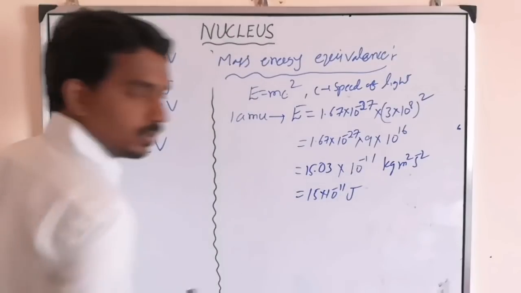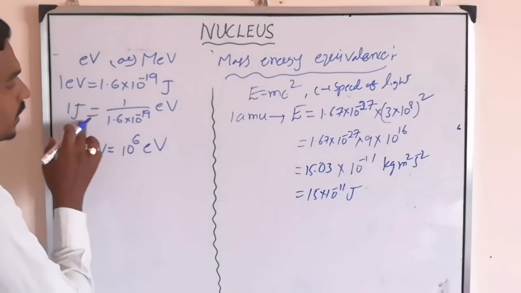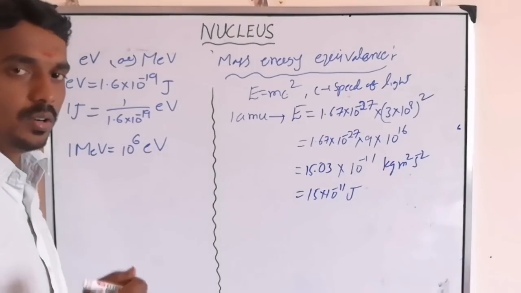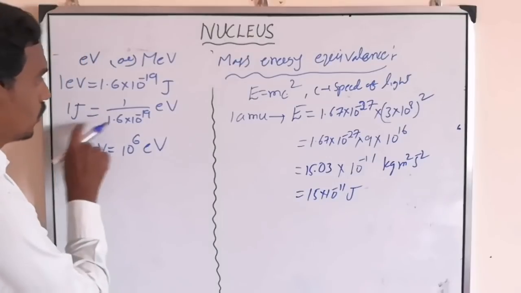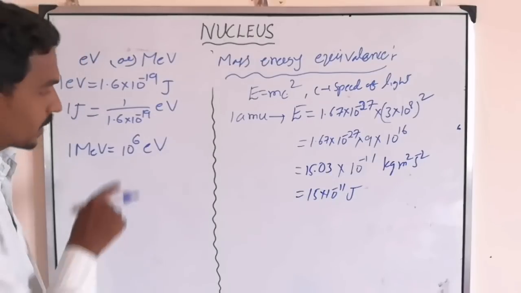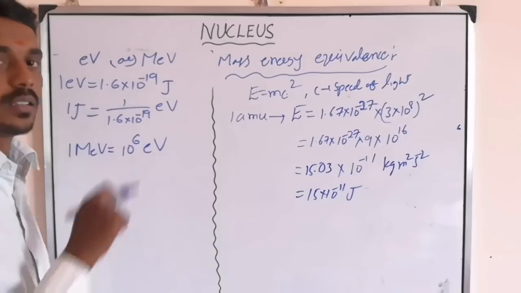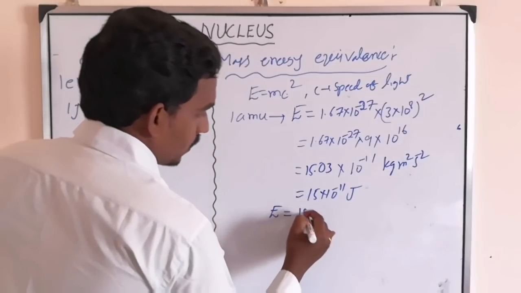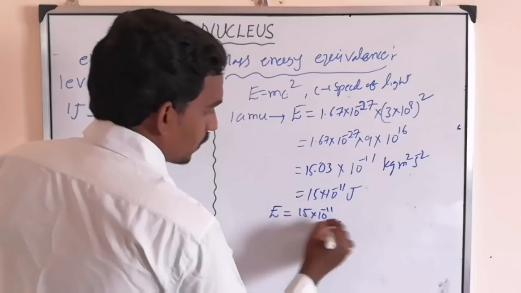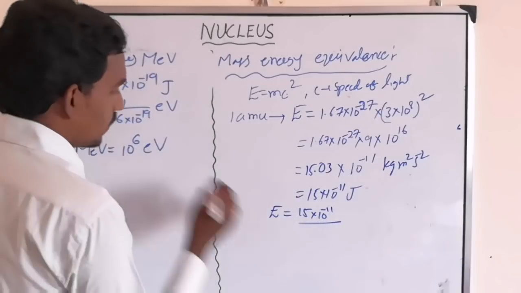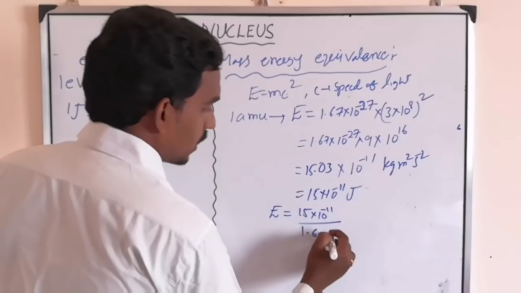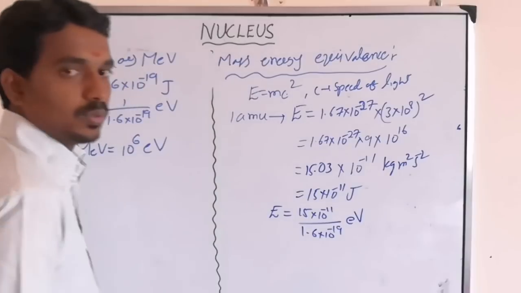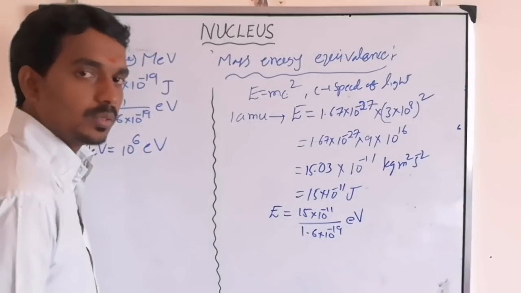First, it is in joules, so you need to convert into electron volt. How do you convert from joules to electron volt? Divide by the charge of the electron. So the equivalent energy will become 15 into 10 power minus 11 divided by 1.6 into 10 power minus 19, and that gives electron volt.